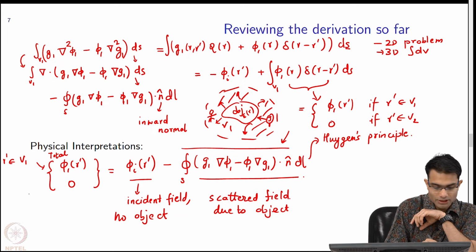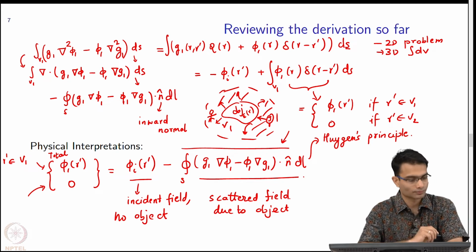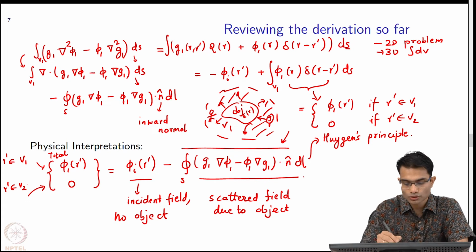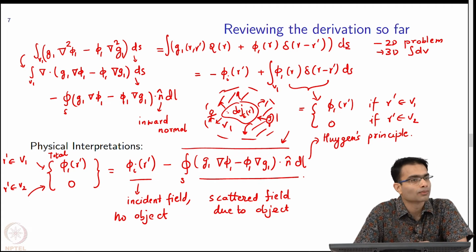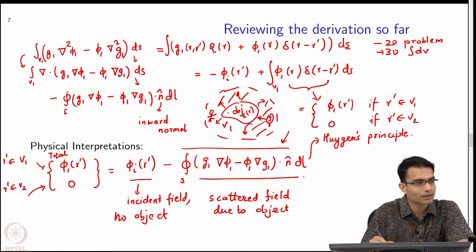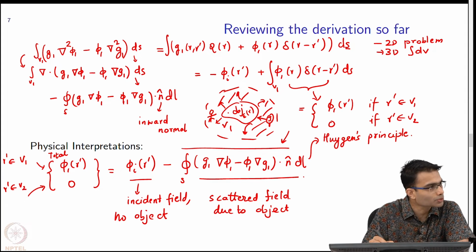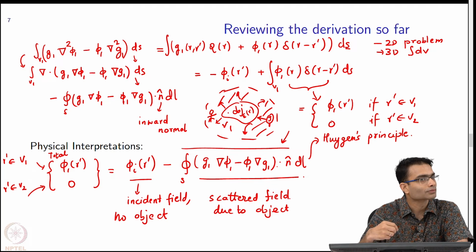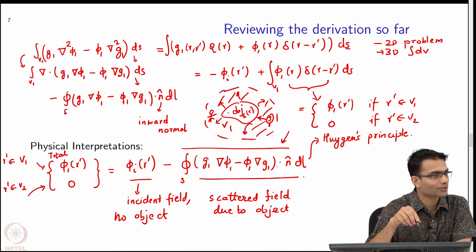What is the physical interpretation of the second term? This is when r prime belongs to V2. So if I go inside the object, what is the interpretation? The interpretation is that the incident field is exactly cancelled or equal to the scattered field inside the object. That does not mean that the field inside is 0.